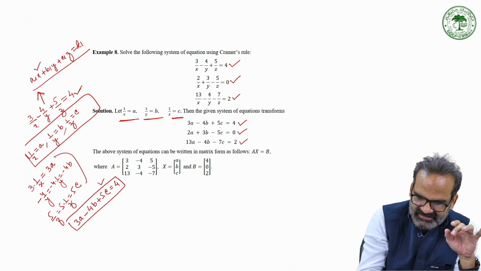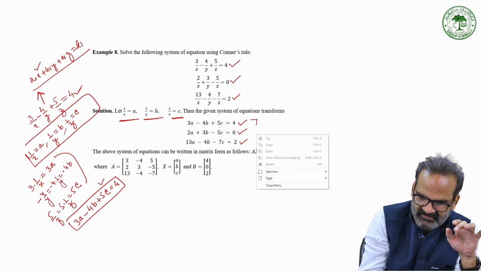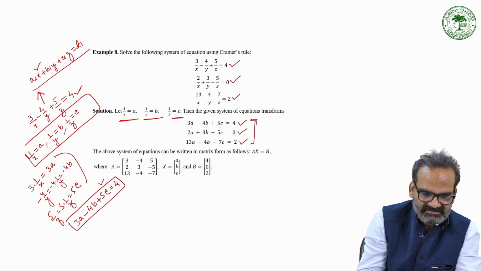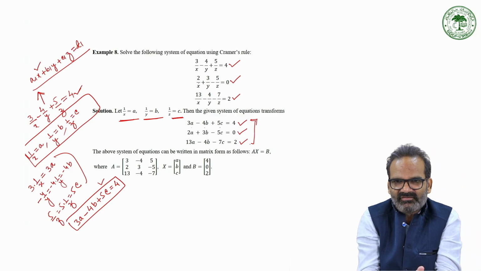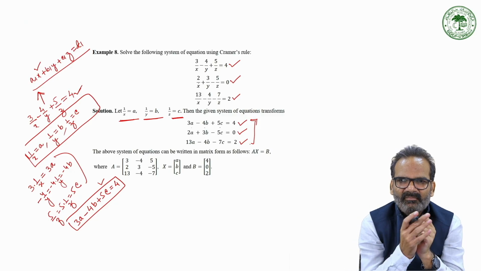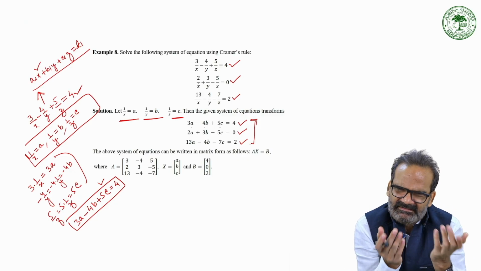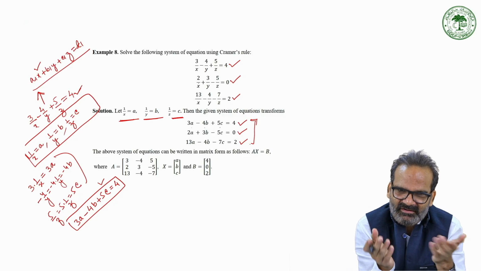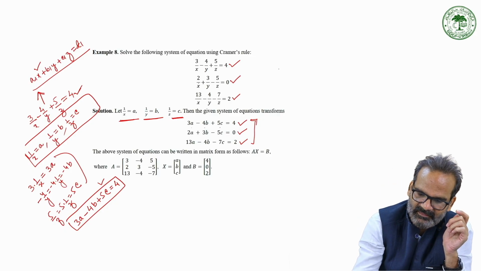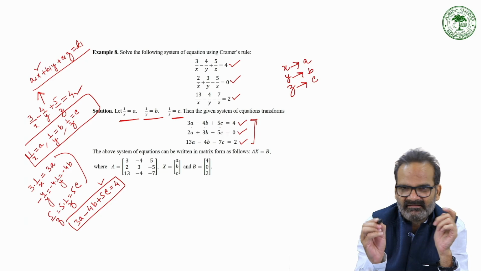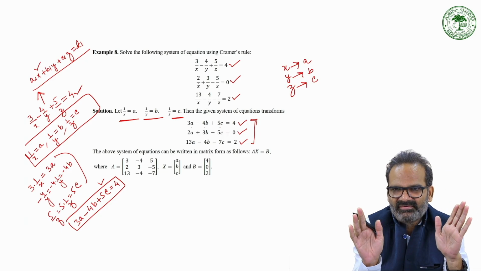Now these three equations are already in standard form, right? a1x plus b1y plus c1z is equal to d1. Now we can find its solution by using the same method we have been using for the last many exercises, right? But the difference here is that the variables x, y and z are being replaced by a, b and c, and there is no difference other than this.